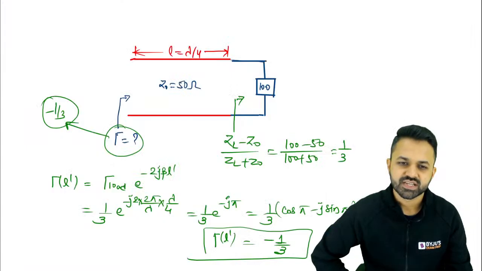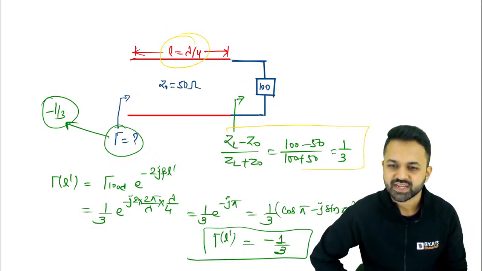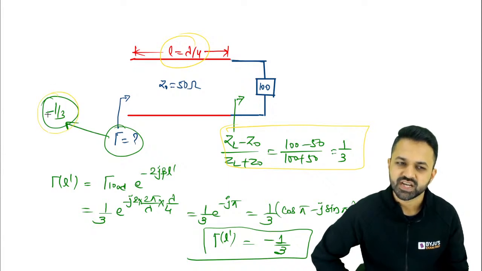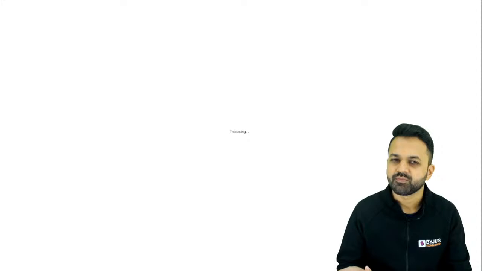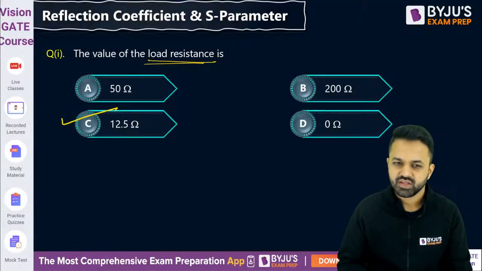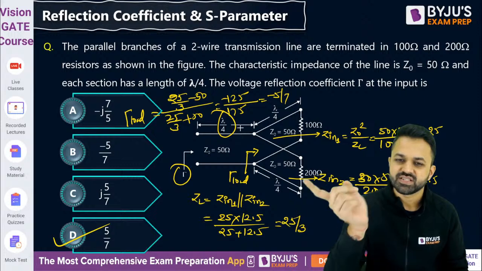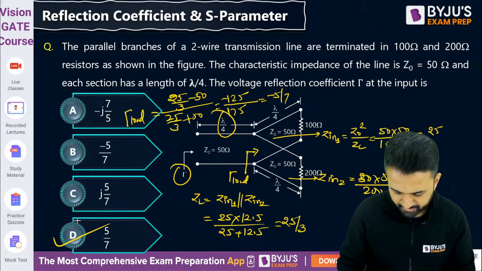Because of this lambda by 4 length, whatever you are getting at the load side, when you go to the input side, it gets inverted. If you are getting negative, then it will become positive. If you are getting positive, then it will become negative. So here you are getting minus 5 by 7, so at the input side, it will become plus 5 by 7.